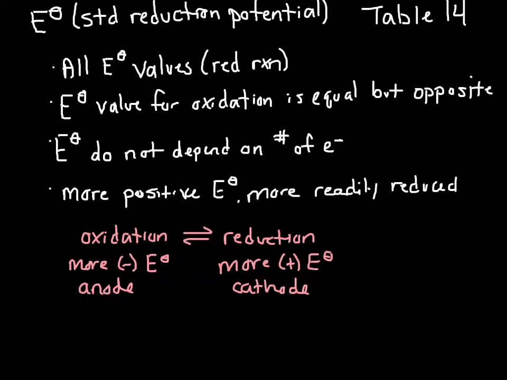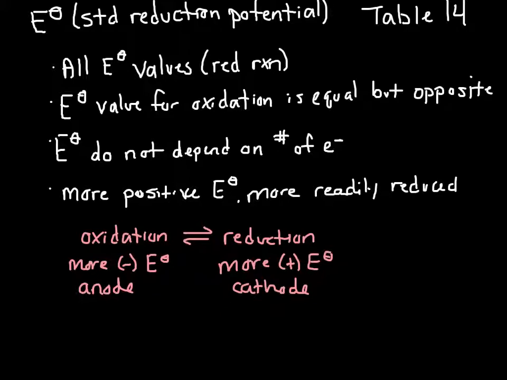So standard reduction potential, actually specifically looking at E theta. You can find a series or a table 14 in your data booklet that provides for a set of given values. Things that you need to keep in mind while you're reading these values from table 14 is all the E theta values are representing the reduction reaction itself.